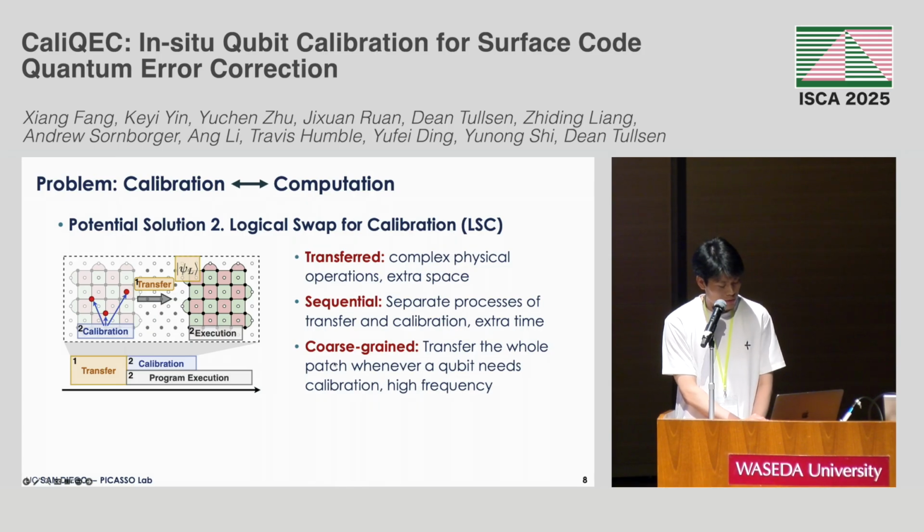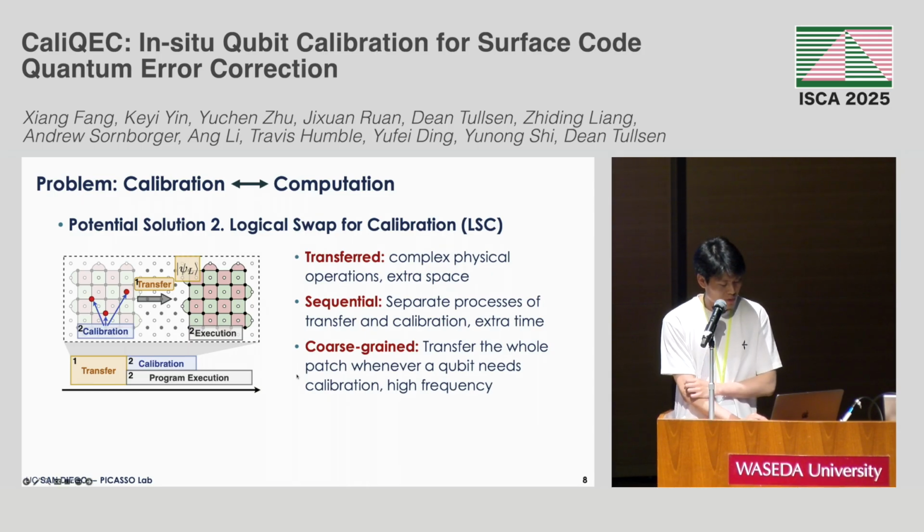And finally, this is a coarse-grained approach, meaning that whenever there's a qubit that needs to be calibrated, you have to move the whole logical qubit to somewhere else, even if the rest of the qubits don't need calibration. So the frequency of the calibration or the transfer is determined by the shortest period of the qubit within the code patch, and that will lead to a high frequency of transfer and calibration, meaning more errors and time overhead.